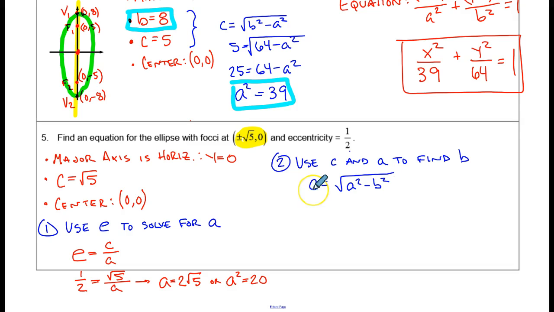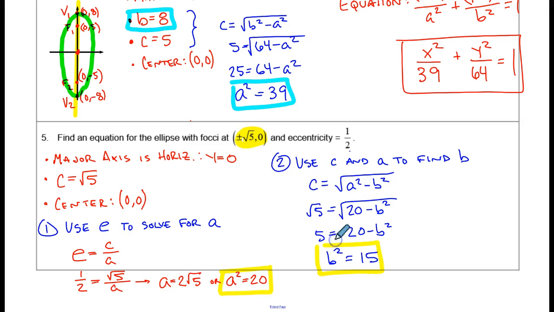So we have a value of c, that's root 5, and we have a value for a squared, that's 20. So we have to solve this equation for b. Actually, we don't even need b, we'll just solve for b squared. I'm going to square both sides. That gives me 5 equals 20 minus b squared, or b squared equals 15. So I'm ready to rock and roll here. I've got this, and this. Those are the only things I need to write the equation of this ellipse.